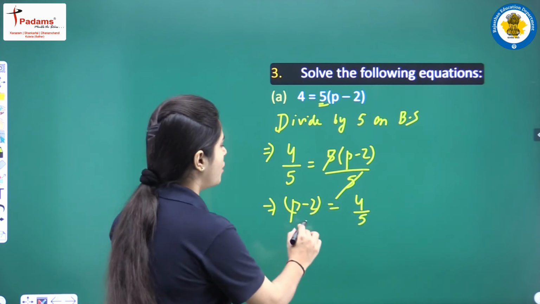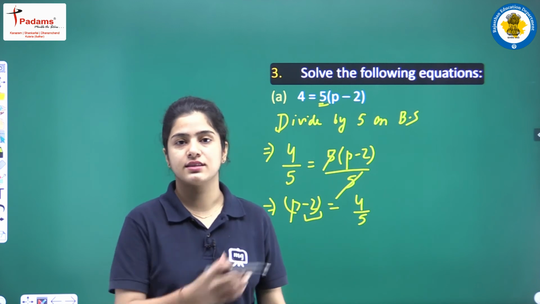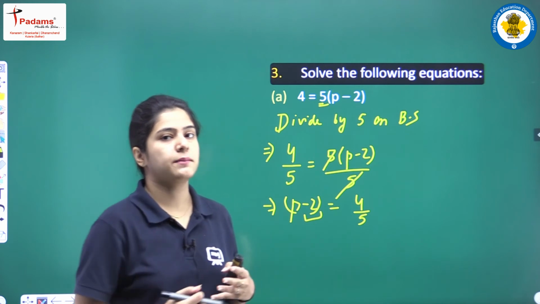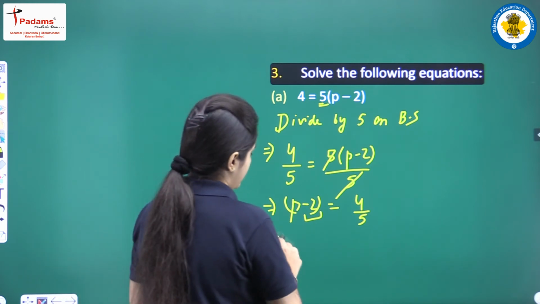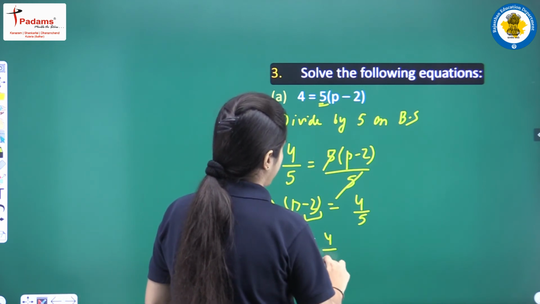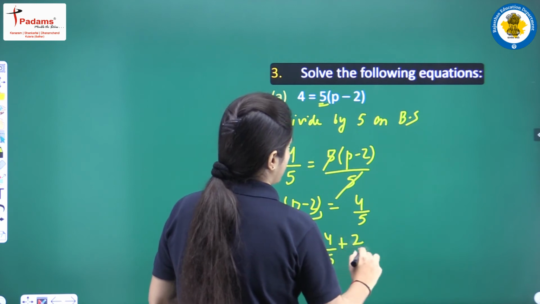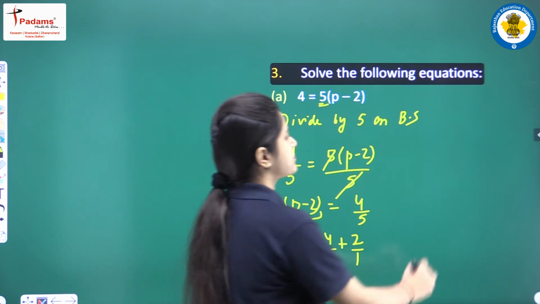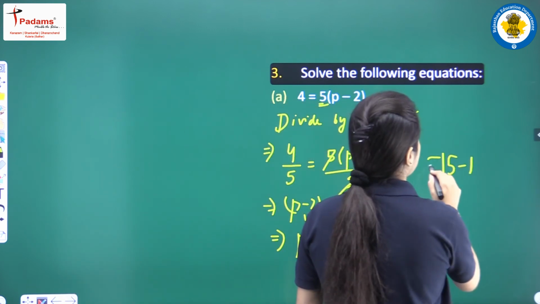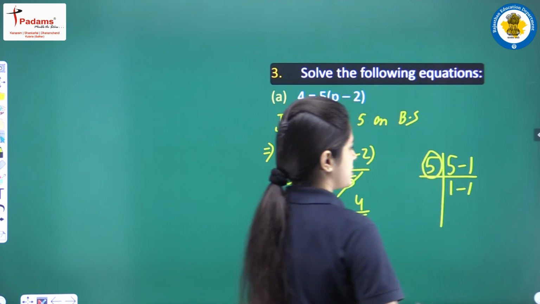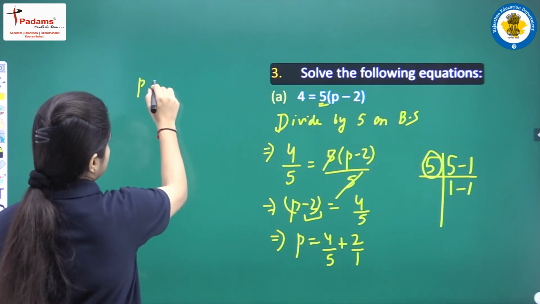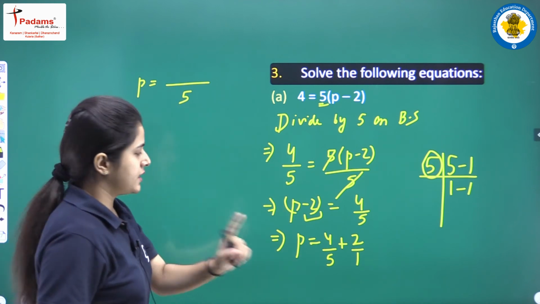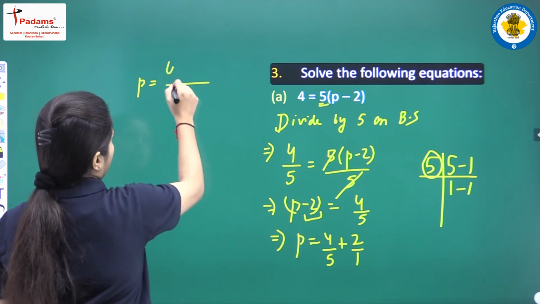Now students, this 2 is in subtraction with the variable. So if I am going to take this minus 2 to the right hand side, it will become plus 2. Okay students, so p is equal to 4 upon 5 plus 2 upon 1, right students? So the LCM of 5 and 1 is 5. 5 divided by 5 is equal to 1, so 1 multiplied by 4 is 4.